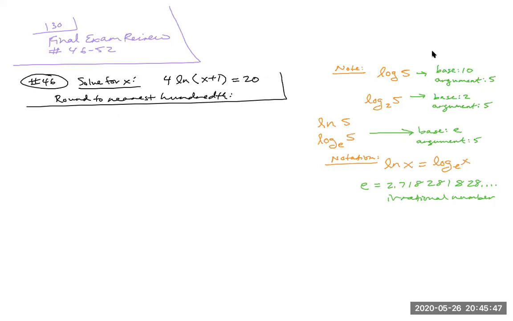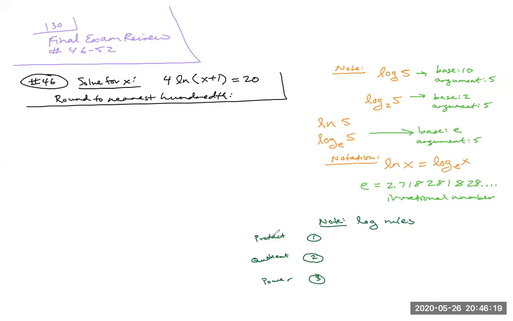Now you're also going to need to recall your log rules here. Remember, we talked about 3 main ones. One was the product, one was the quotient, and one's the power rule of log.